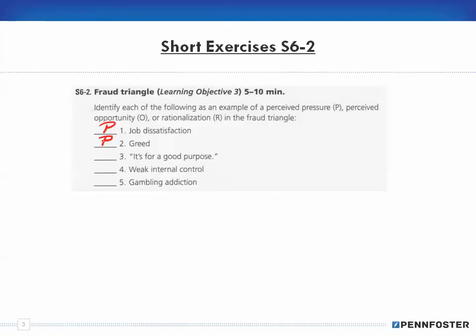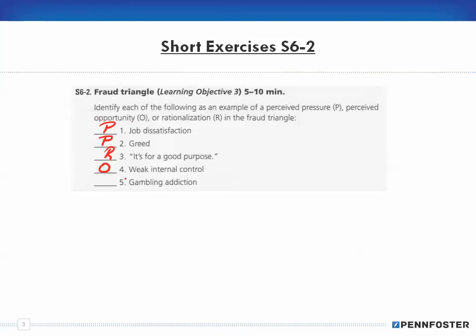When you're greedy, there's pressure and you want that money in order to commit fraud, right? It's for a good purpose. That would be rationalization. You're making up an excuse. Weak internal control would be a perceived opportunity.